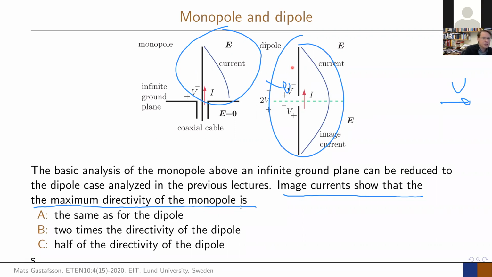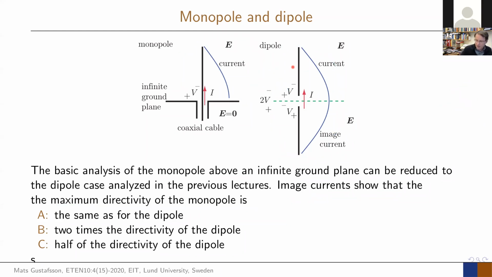So if we see what actually is happening in these cases, of course the radiated field, if you look at the E field above the ground plane, is the same. If you had the dipole, you would have the same E field down here, but for the monopole, the electric field below the ground plane is 0.